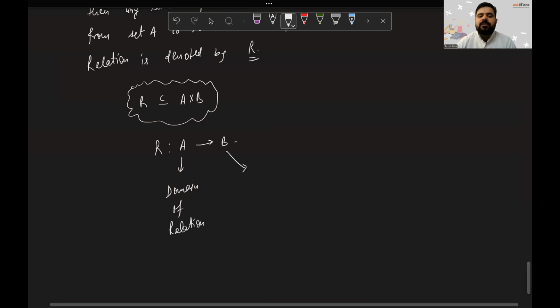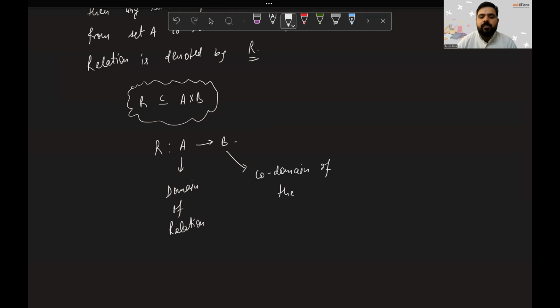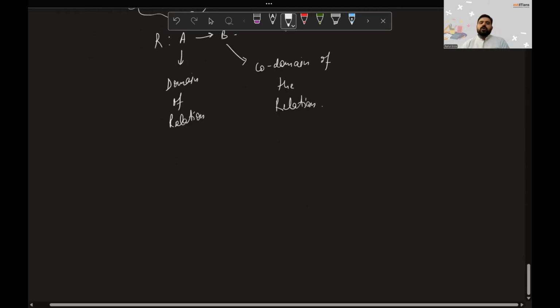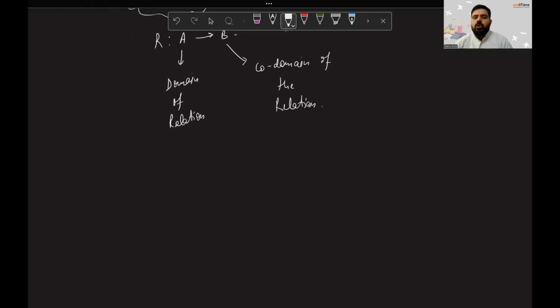And the second set that we have is codomain of the relation. The first set is a domain and second set is codomain.